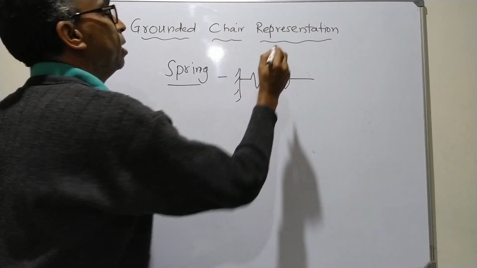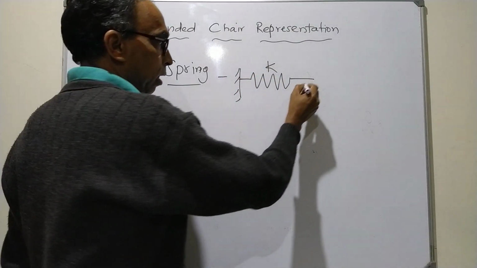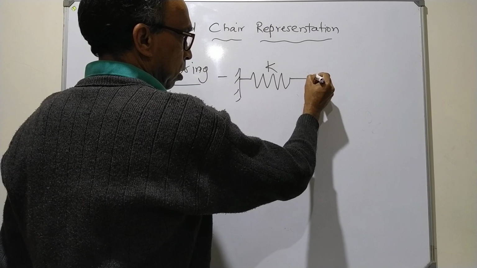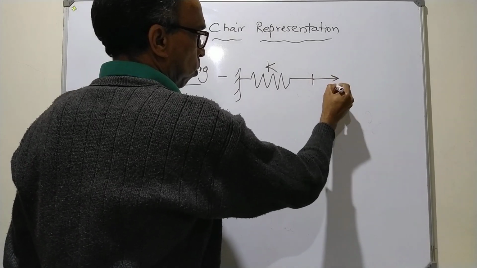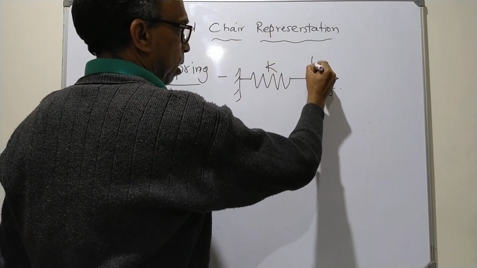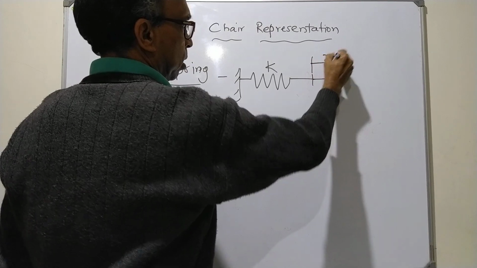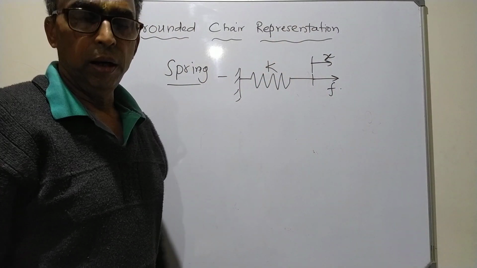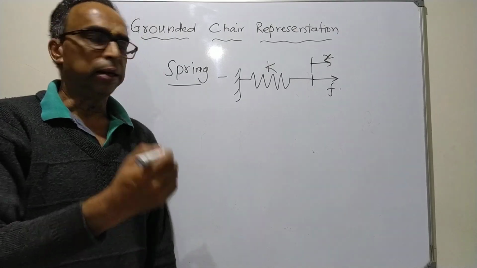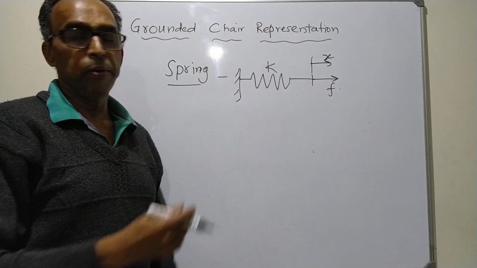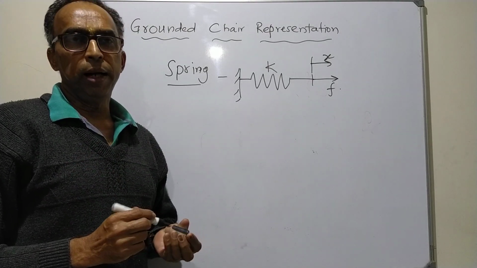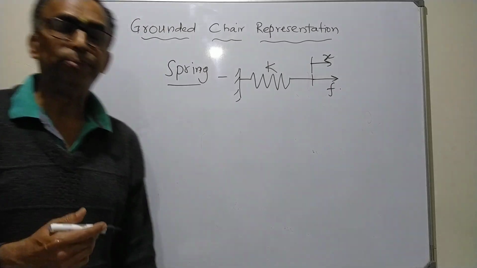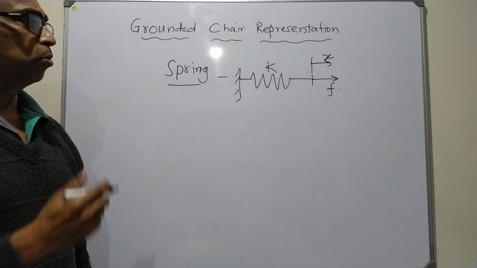It was having stiffness K, and this was subjected to a force F, and because of this force F, it was subjected to displacement X. When I pull this spring by force F, the spring will exert an equivalent opposite spring force on it.